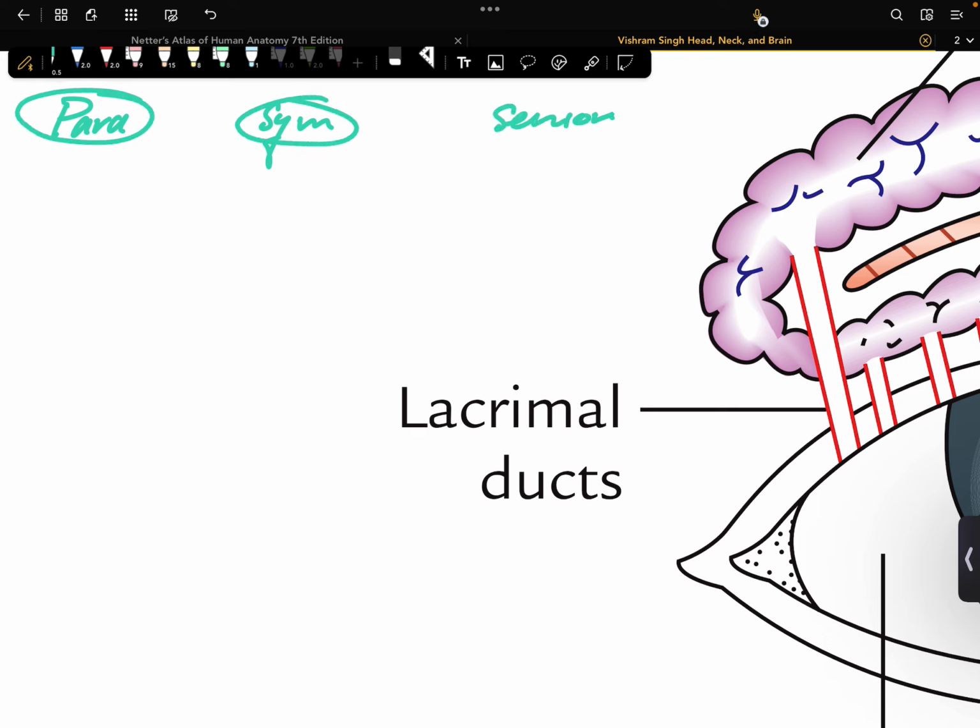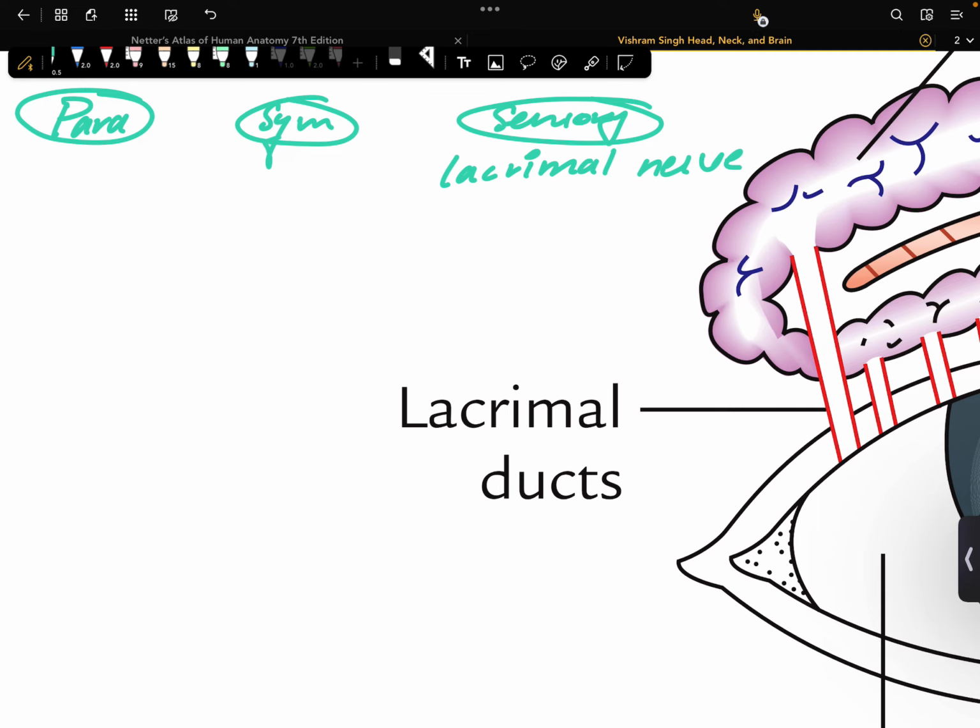Sensory is supplied by the lacrimal nerve, a branch of the ophthalmic division of the trigeminal nerve. Sensory is by the lacrimal nerve.